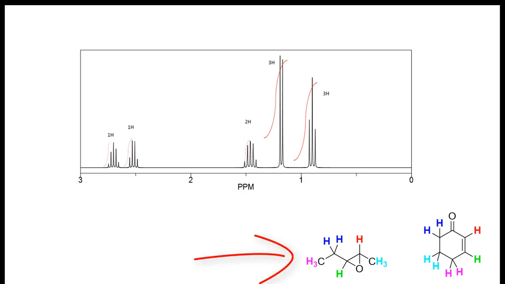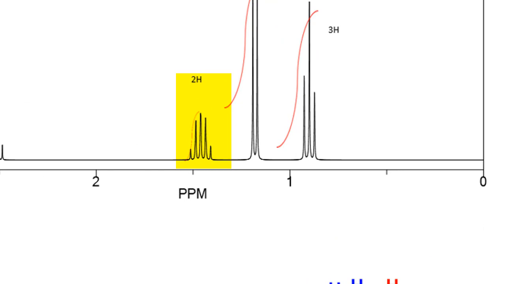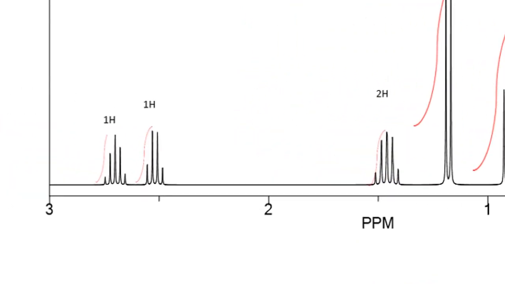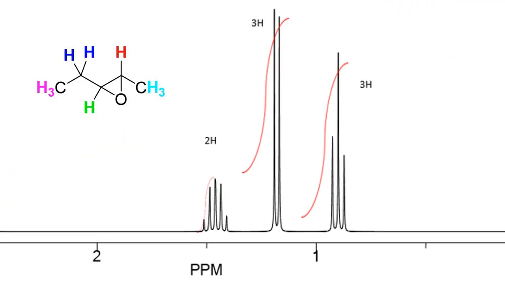And if we look at the integration, we have a triplet that integrates for 3 hydrogens. We have a doublet that integrates for 3 hydrogens. We have a pentet that integrates for 2. And then we have a quartet and a pentet, both integrating for 1 proton. Let's start with the doublet that integrates for 3 hydrogens.